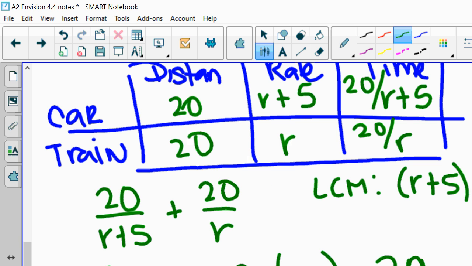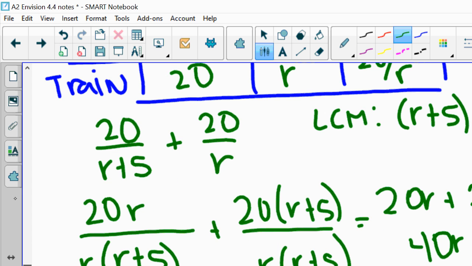So I have 20R plus 20R plus 100, which gives 40R plus 100. I can factor that: I can take a 20 out of both 40 and 100. Then I get 2R plus 5 over R times R plus 5. That is the expression we could use to find the total time.